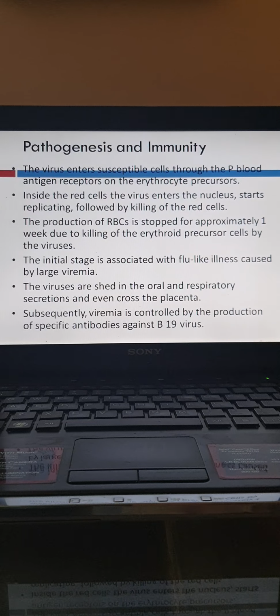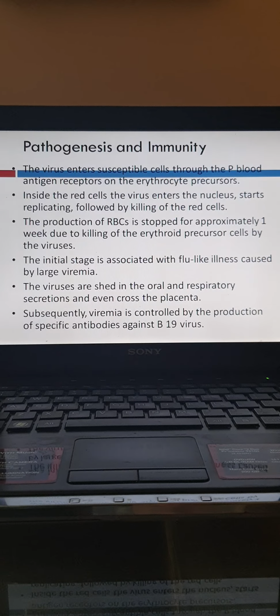After replication, it causes lysis or killing of the RBCs, and the production of RBCs is stopped for approximately 1 week. Due to the killing of erythroid precursor cells by the virus, erythropoiesis comes to a stop because of the excessive killing of these cells after replication and infection.